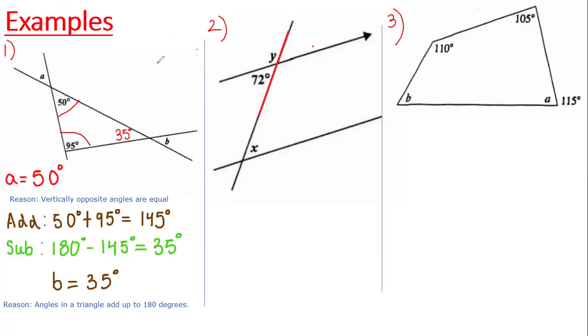And this is y. And this is 72. But these two are on a straight line, right? And they're at a common point.